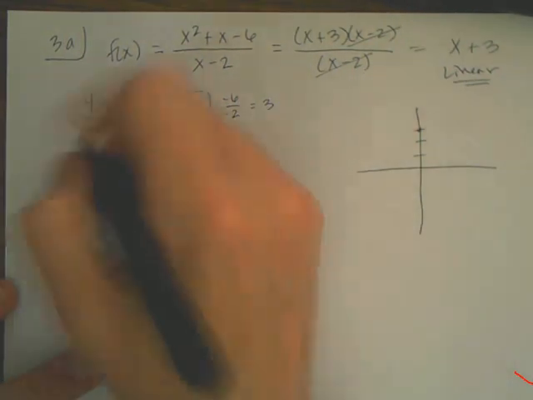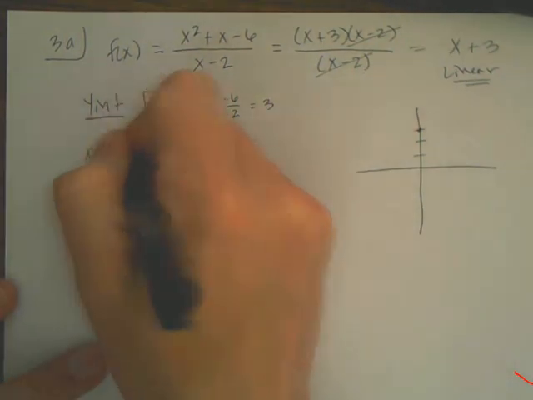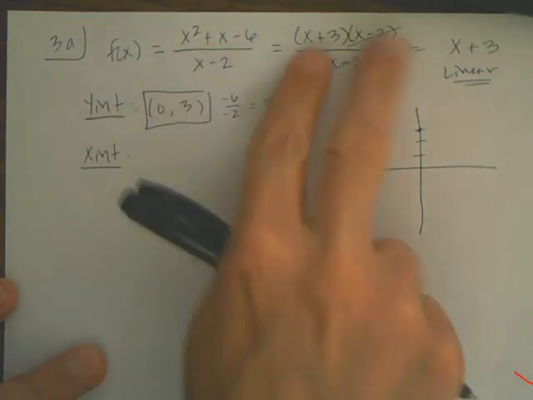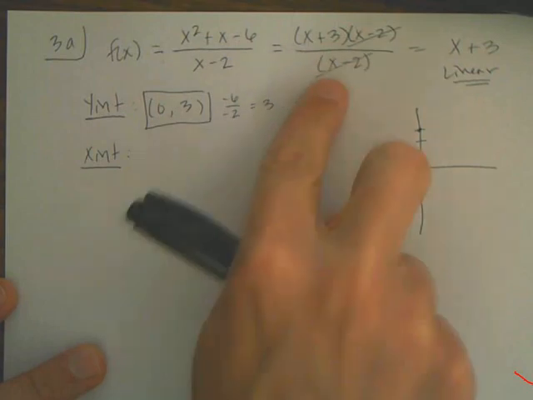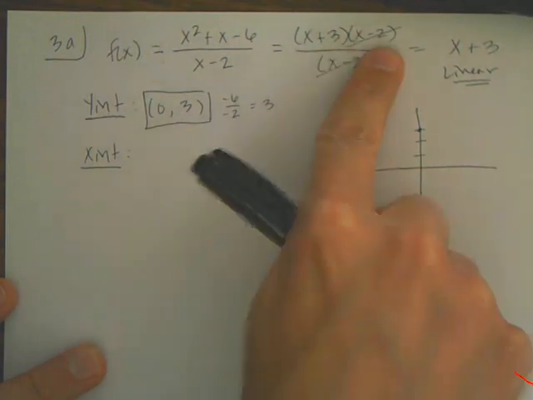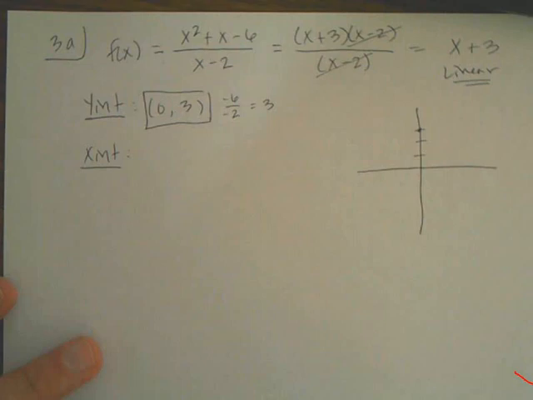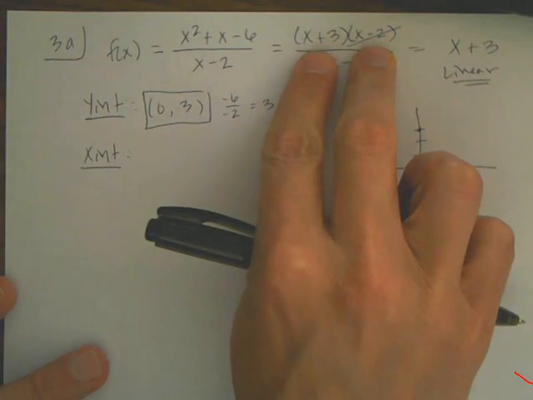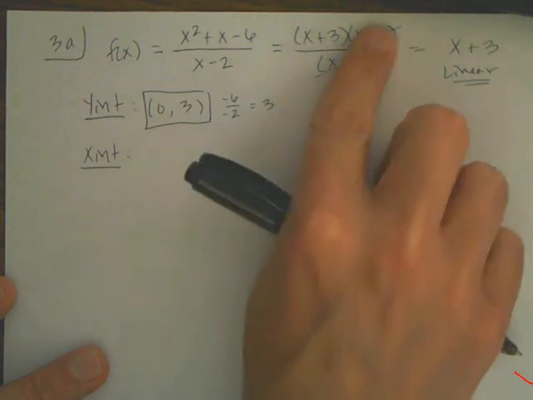My x-intercept, I set the numerator equal to 0. Now, do understand though, I'm going to go with this factored form, because if I were to solve this equation, and I would have my two factors here equal to 0, this piece right here needs to be canceled out first.